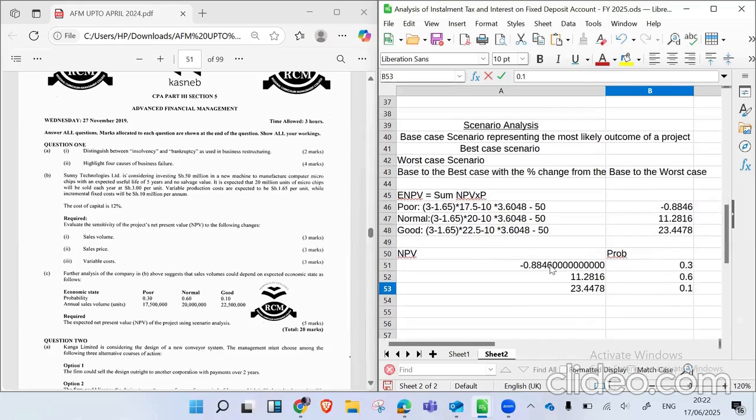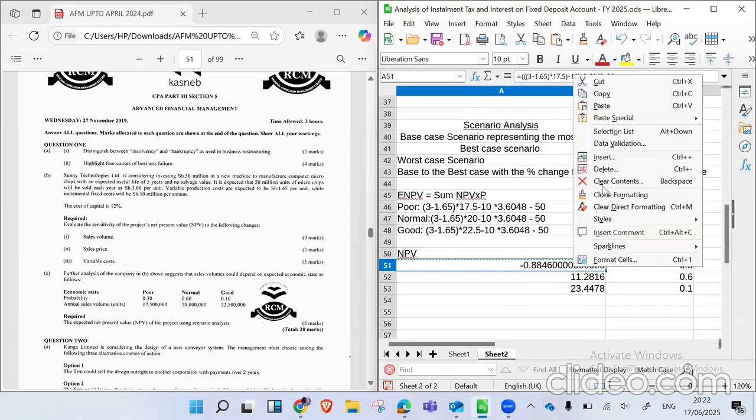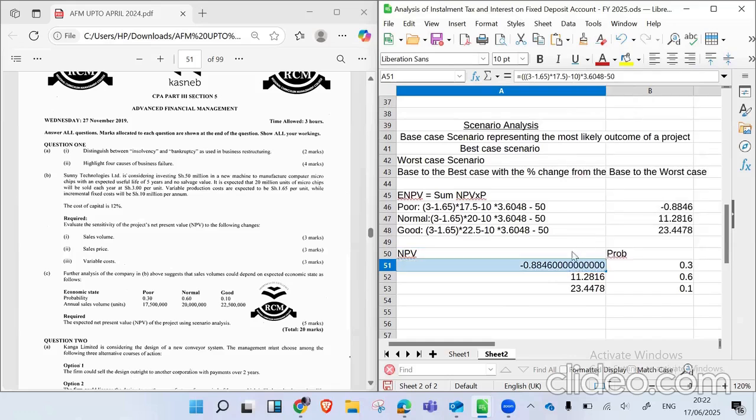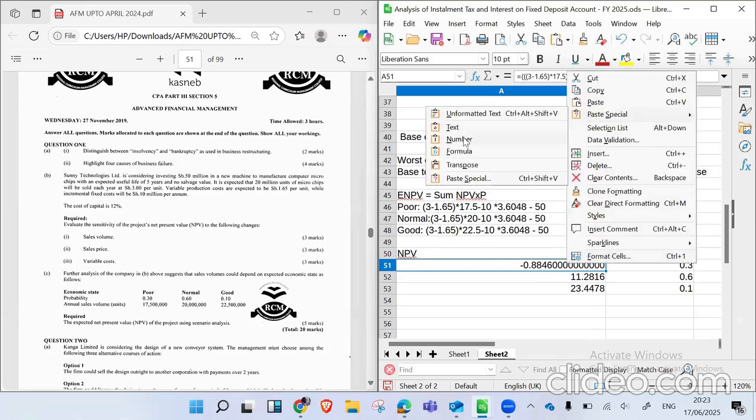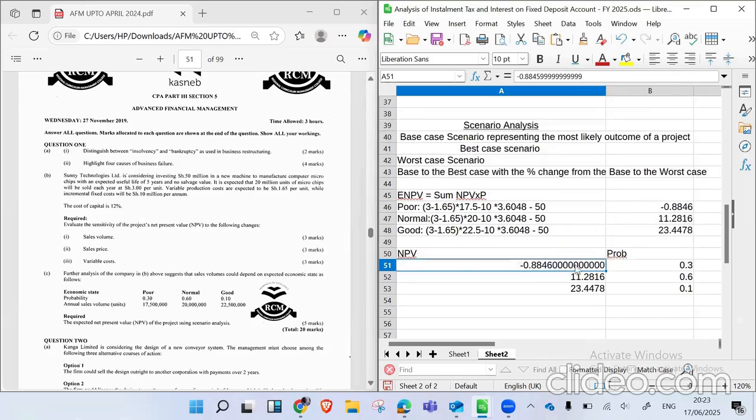Okay, I will do it. I'm getting a different one, but I'll do it after this. Okay, I made a mistake. I'll redo it again. So you have it there. So can you get the expected NPV?